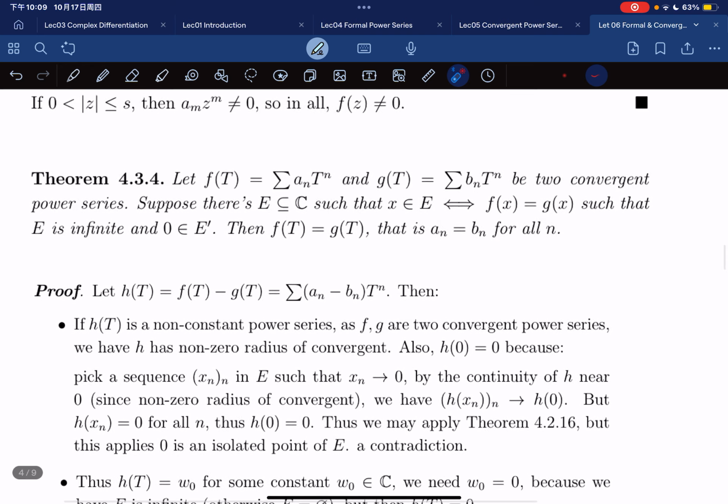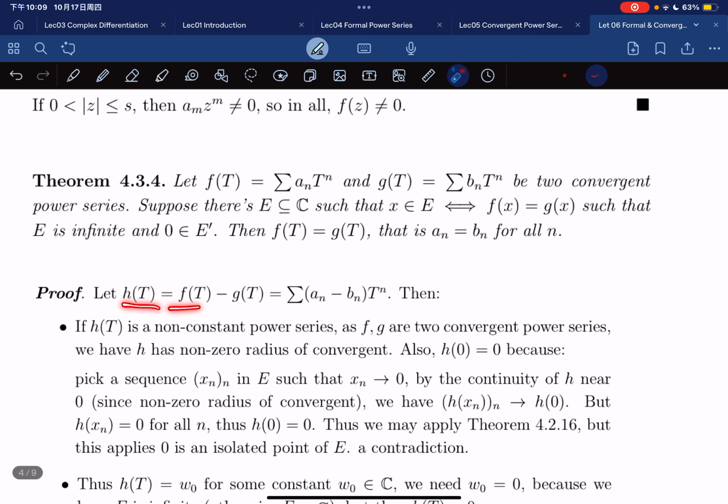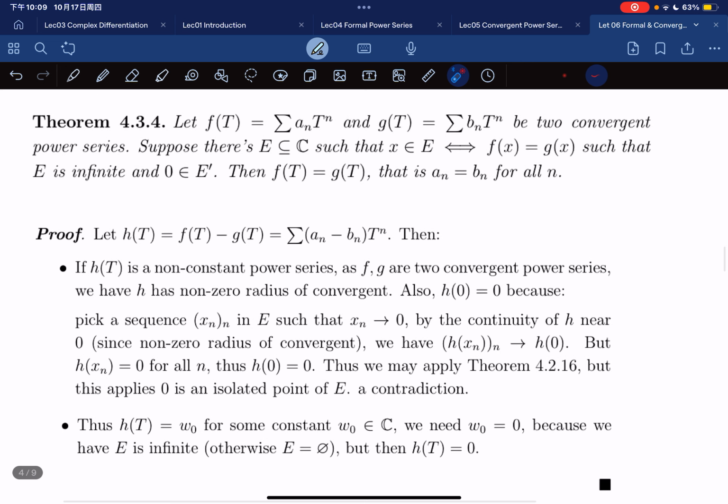So we define h as their difference. If it's a non-constant power series, then, because f and g are convergent power series, h has non-zero radius of convergence.